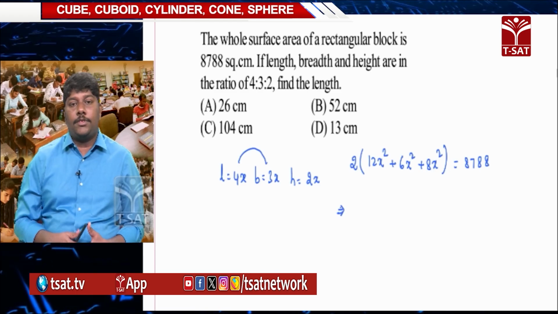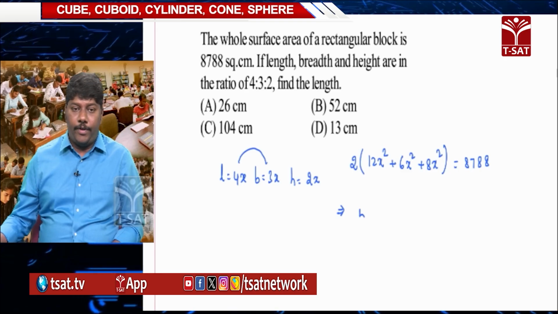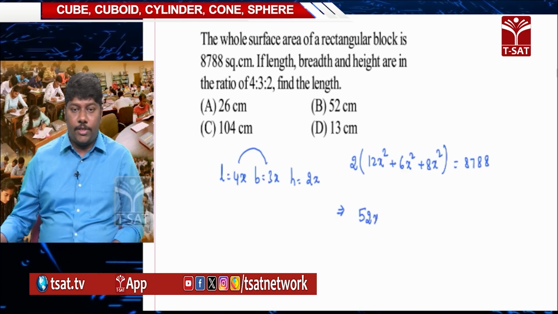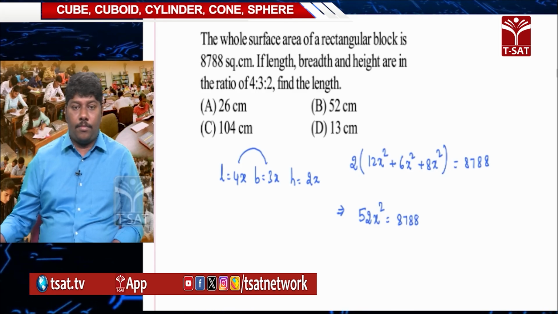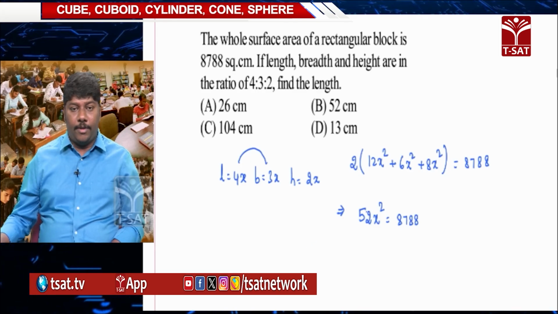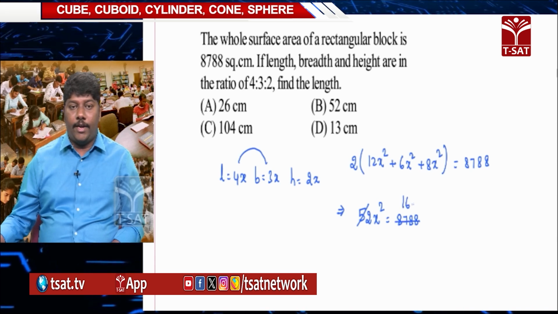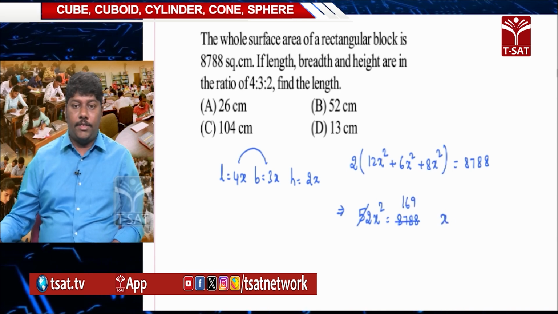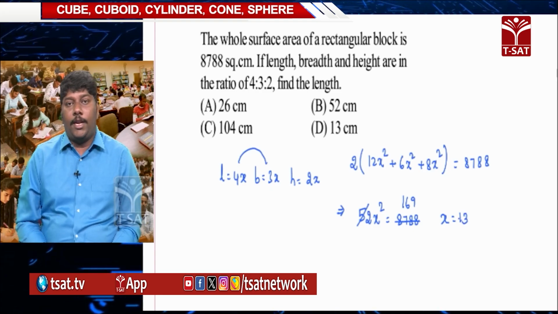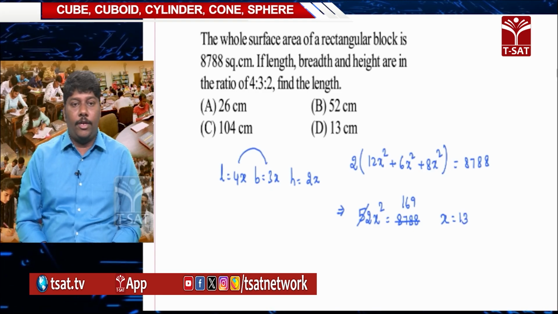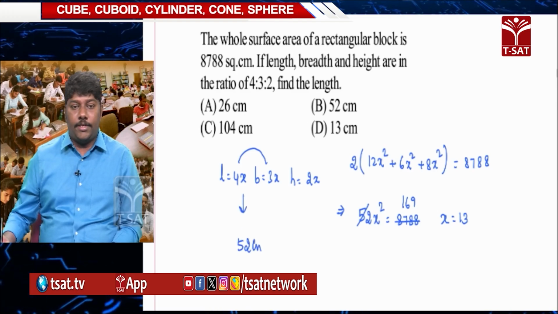Now 12 plus 6 is 18, plus 8 is 26, therefore it becomes 52x square. You can cancel it in the 52 table or the 13 table. In anything you cancel, you are going to get 169. So x is equal to 13. He is asking for the length of the rectangular box. Length is 4 into x, therefore 4 into 13, it's 52 centimeters is the answer.